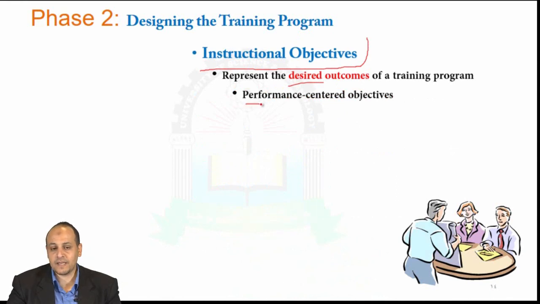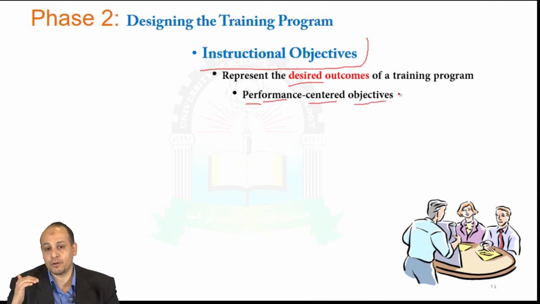So it must be linked to the performance expected from the employees. That's why we call them performance-centered objectives, meaning the objectives should be clear enough, specific and measurable so that we can see the result in the behavior of the employees.